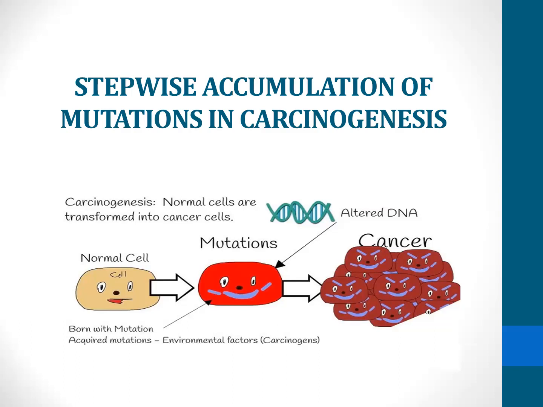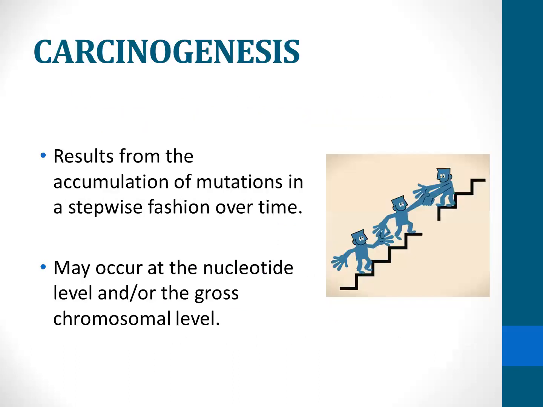The normal cells are eventually transformed into cancer cells once they have accumulated a number of mutations stepwise. Carcinogenesis results from accumulation of mutations in stepwise fashion, and these mutations are complementary, they help each other climb the ladder towards formation of cancer.